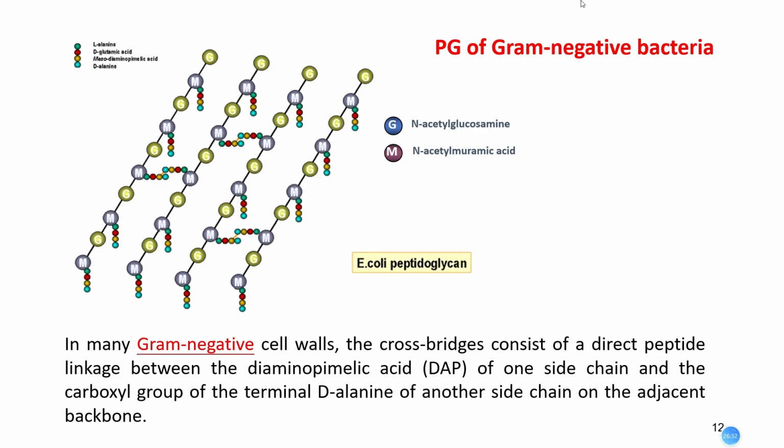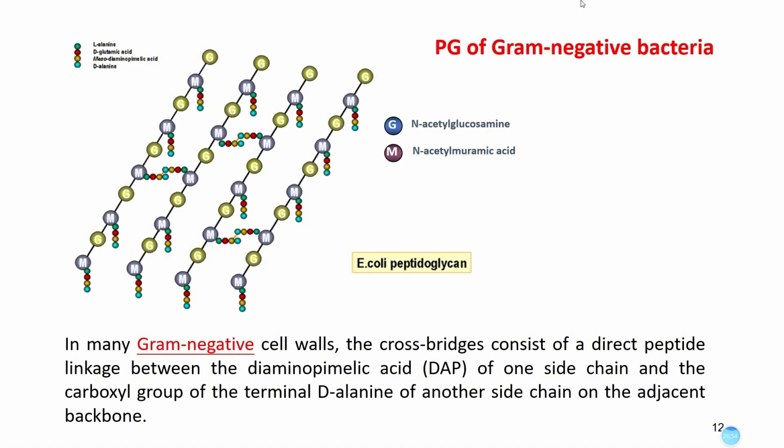Sorry, guys. Gram-negative bacteria. Here it's the same, the backbone is the same. Here, NAG and NAM alternating saccharides, and they are linked through the beta 1,4 glycosidic bond.